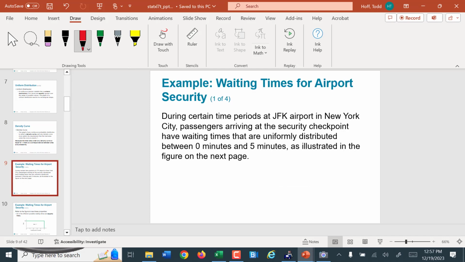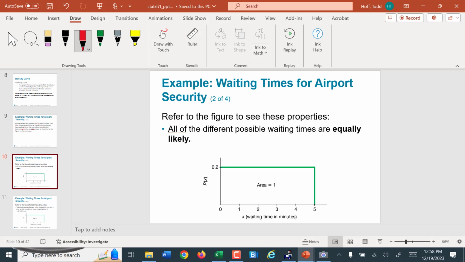So an example of a continuous distribution: waiting times at the airport. At JFK Airport, wait times at the security checkpoint are between 0 and 5 minutes. So that's illustrated by this graph here. The bottom down here shows you the range of wait times. It goes from 0 to 5. Now remember that total area has to be 1, so we can find the height of this, as area equals length times width.